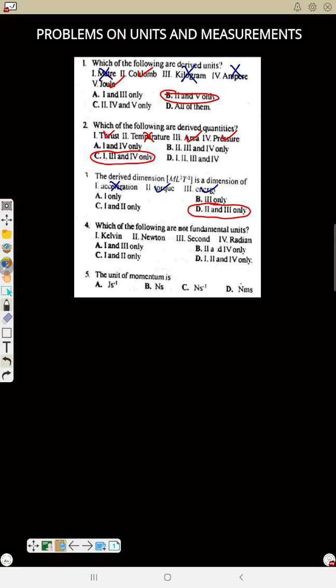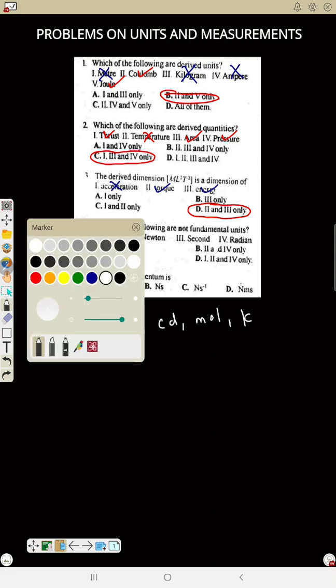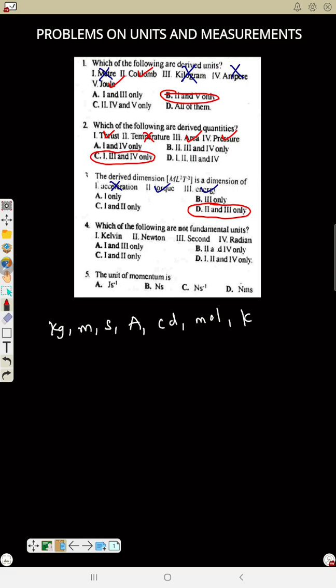Now, fundamental units are kilogram, we listed them before: kilogram, meter, second, amps, candela, mole, Kelvin. So anything that is not part of these fundamental units is the answer. As we can see, Kelvin is here, so it's a fundamental unit.